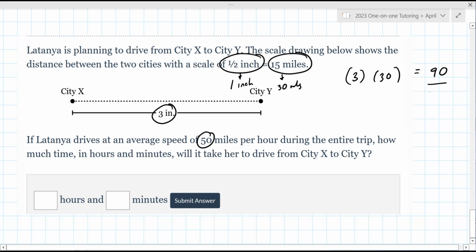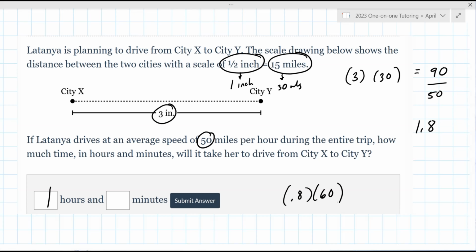And then you're going to divide it by 50. 1.8. So that's 1 hour, and now it's 0.8 times 60. 48 minutes, good.